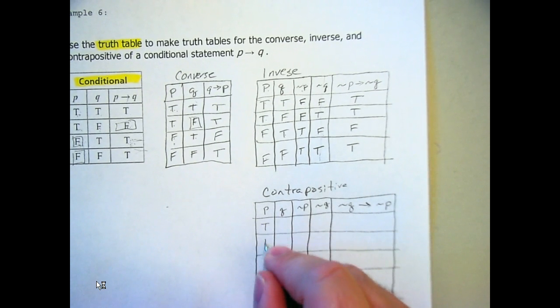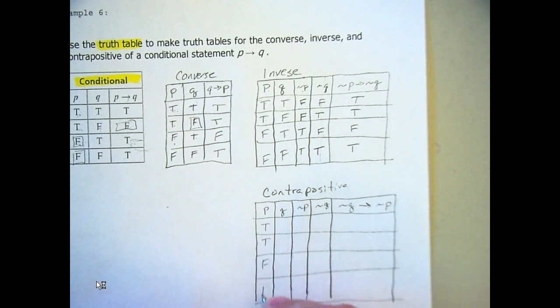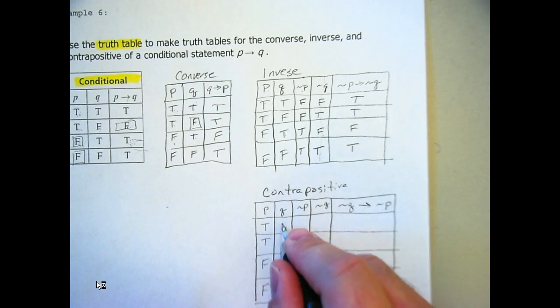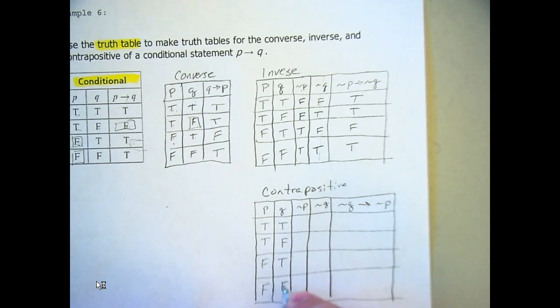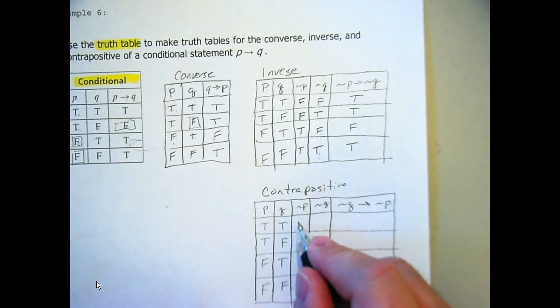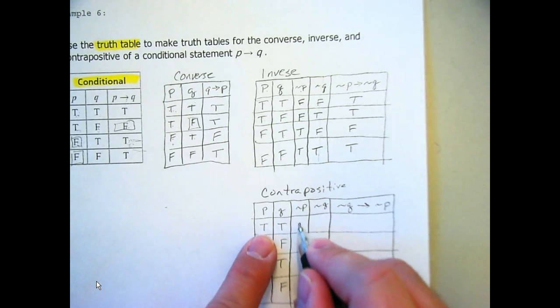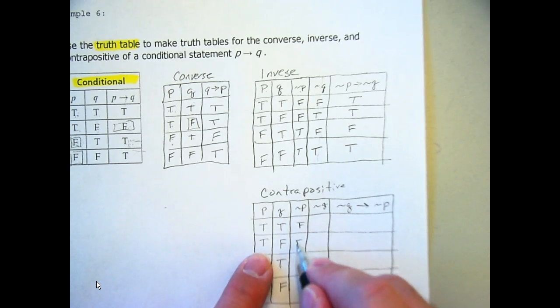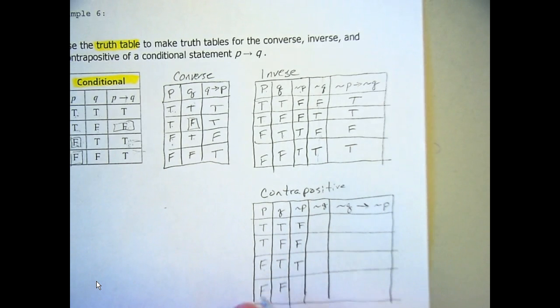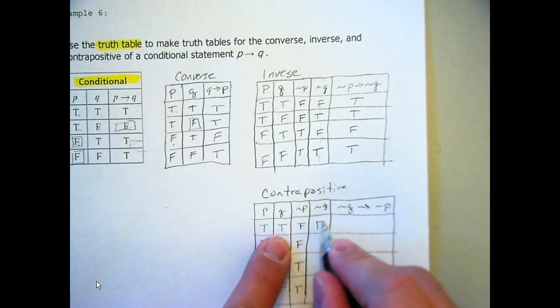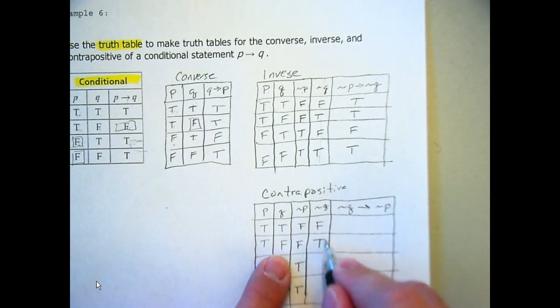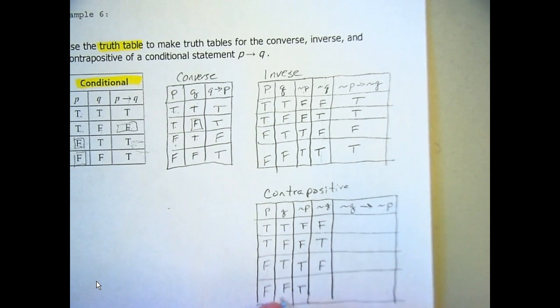These pieces stay the same. The opposite of P is false, opposite, false. So that's true, that's true. Q is false, true, false, and the opposite is true.